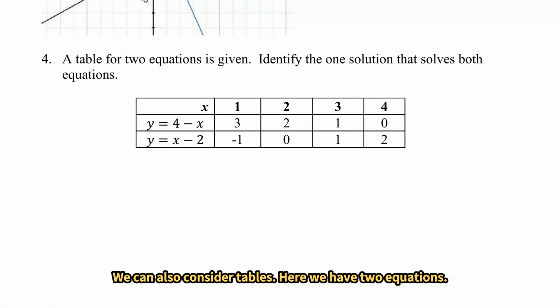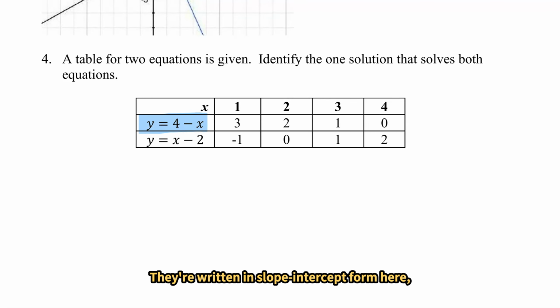We can also consider tables. Here we have two equations. They're written in slope-intercept form here so that we can get y. So we have x along the top. x could be 1, 2, 3, or 4. And then each one of the lines for y is listed in a row. So for example, reading this table, if x is 1, then in the first line, y equals 4 minus x, y would be 3.